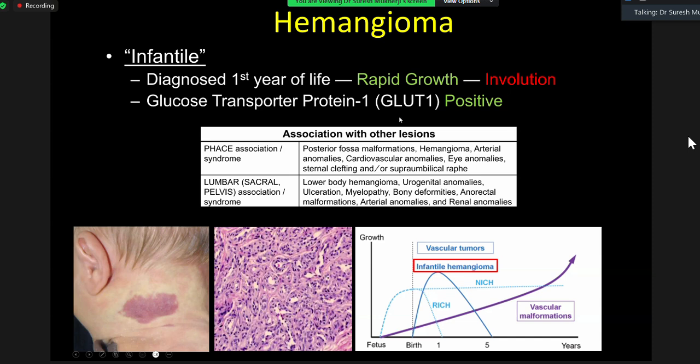The other thing is that sometimes clinically it can be challenging to determine whether it's infantile or congenital. What you end up looking for, the specific molecular marker, is the glucose transport protein. If this GLUT1 receptor is positive, that indicates that the hemangioma is an infantile hemangioma. So we talked about infantile hemangiomas.